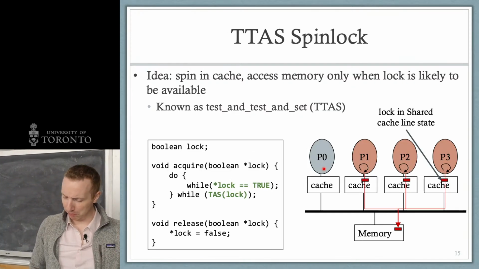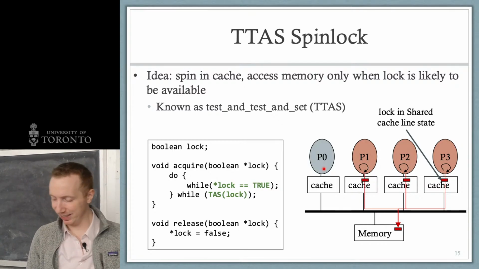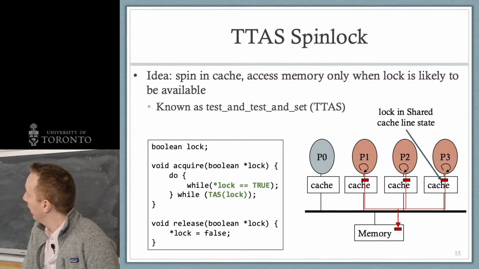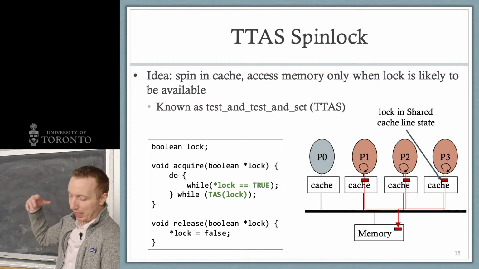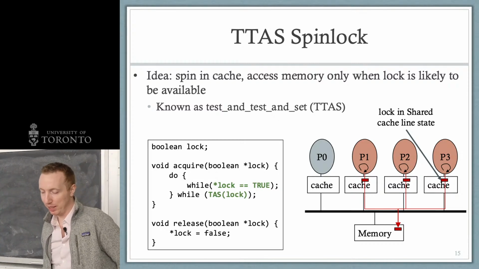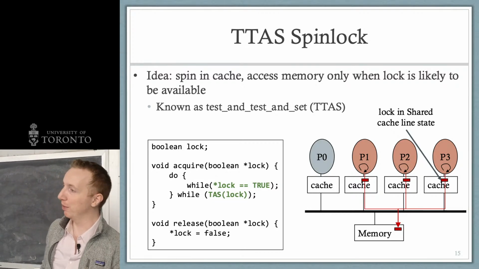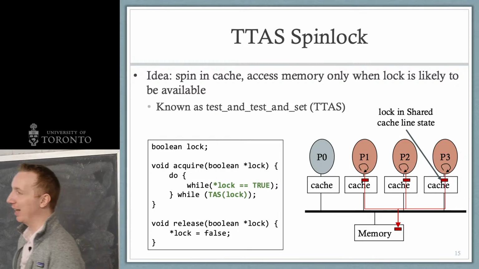Also, it helps our cache line, but if they all are contending, it's still kind of bad. So one thing I can do is, instead of that, let's just spin in the cache and then only access that memory when it's likely to be available. This is sillily named test and set.